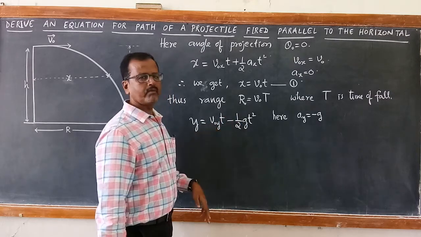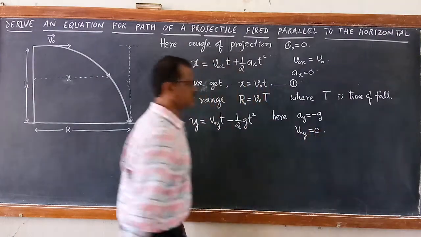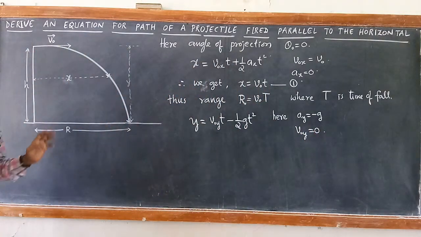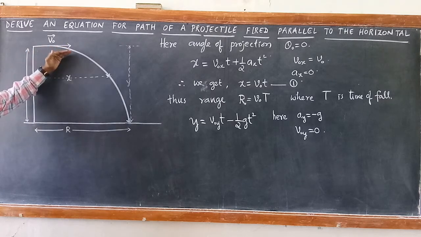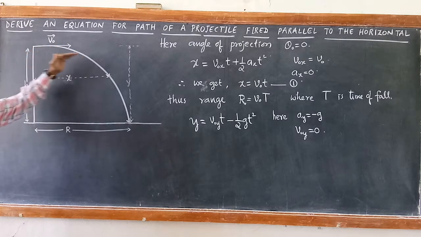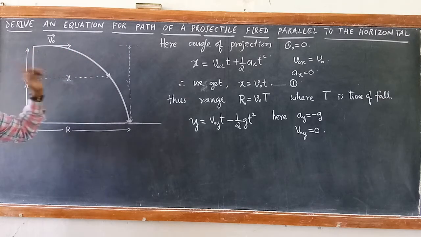And what about v naught y? V naught y is 0 because there is no y component of velocity here at all. The y component of velocity is 0 because the projectile is fired horizontally with 0 angle of projection.